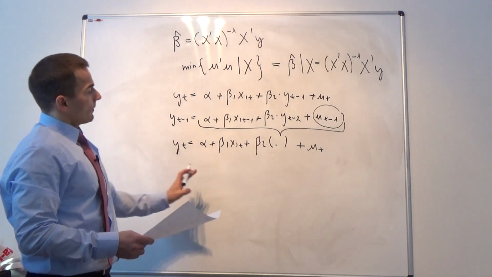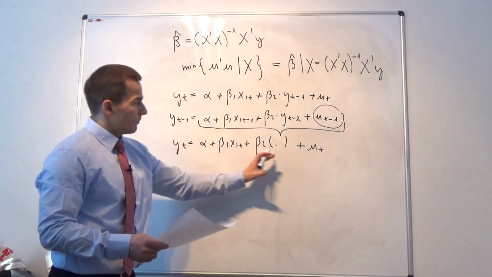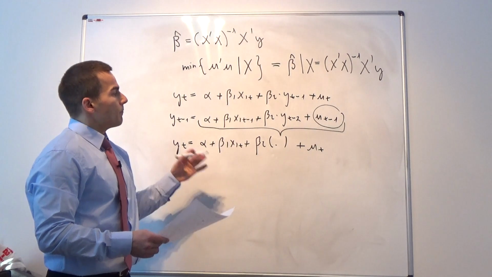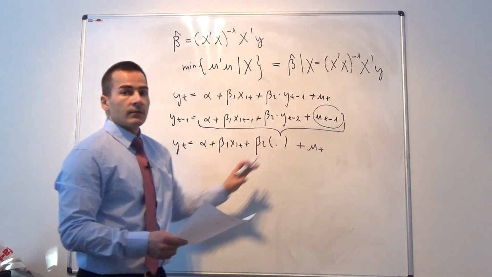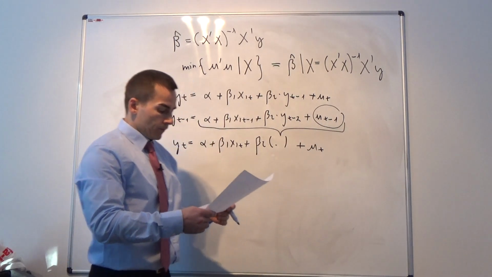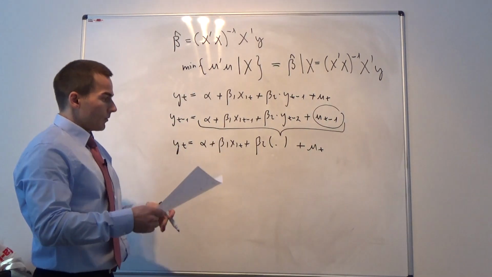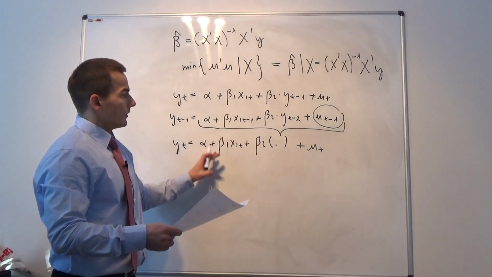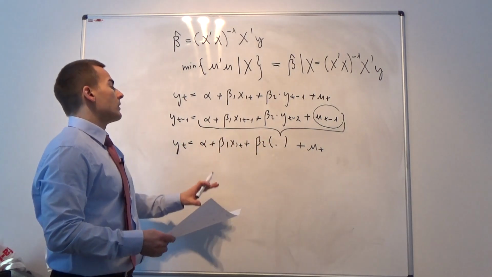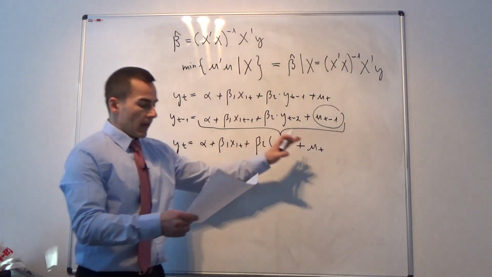So our regressor set depends on a set of past errors. That's problematic, because now there's a dependency structure between our regressors and the errors.